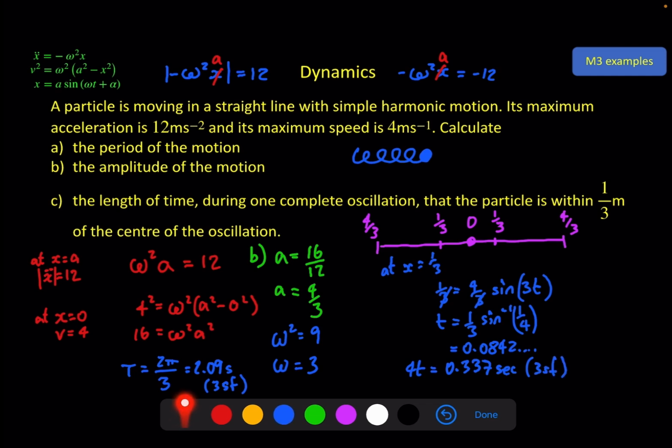And that's the time it spends within 1/3 meter of O during one full oscillation.